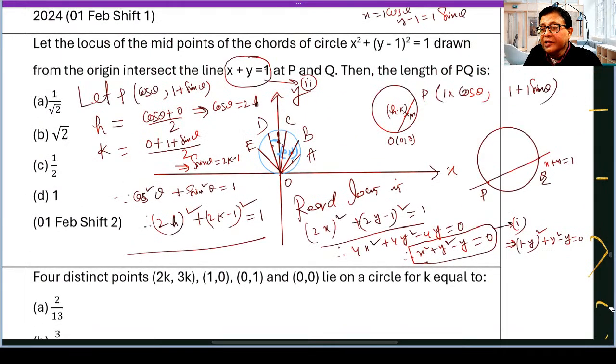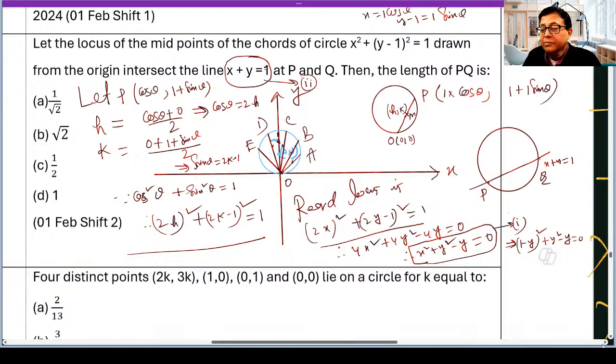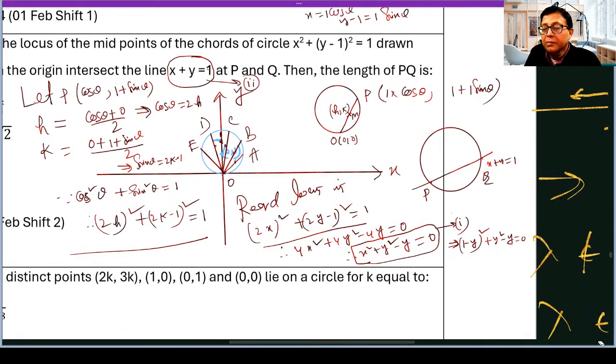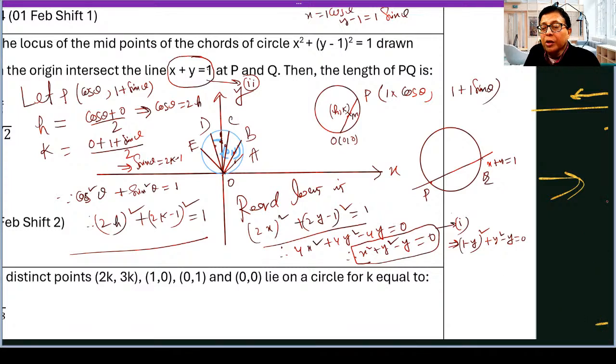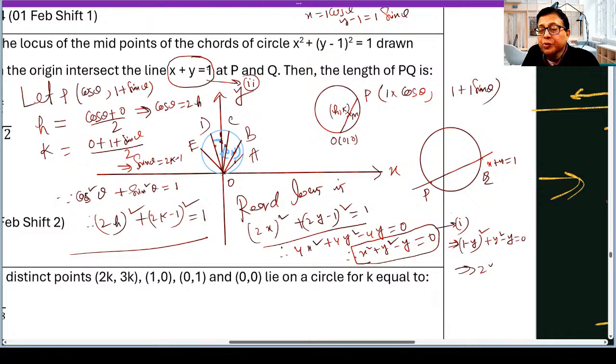Just replaced, nothing else. Now solve this quadratic equation. You must solve it. It is 2y squared minus 3y plus 1 equal to 0. So 2y squared minus 2y minus y plus 1 equal to 0.